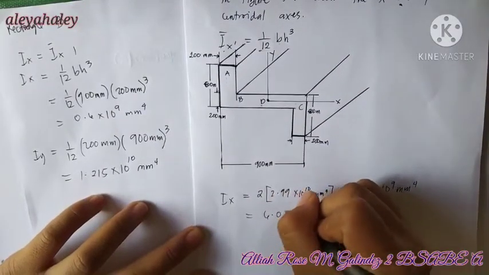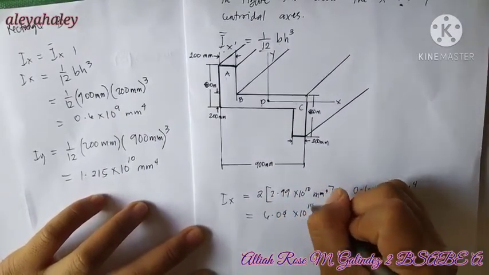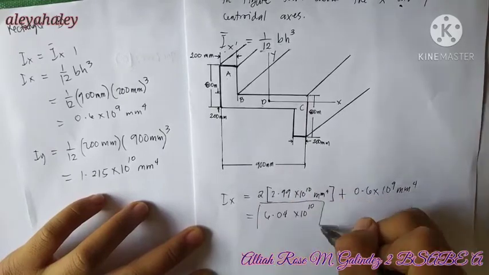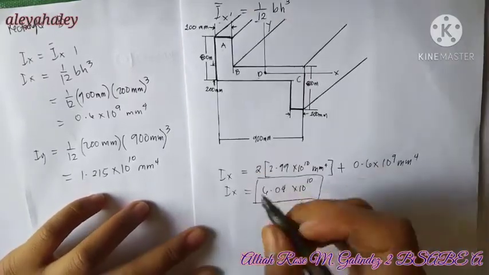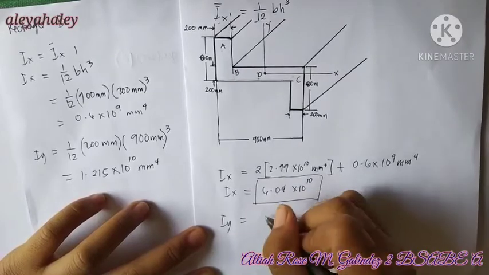So it's 6.04 times 10 raised to the power of 10 as the Ix.